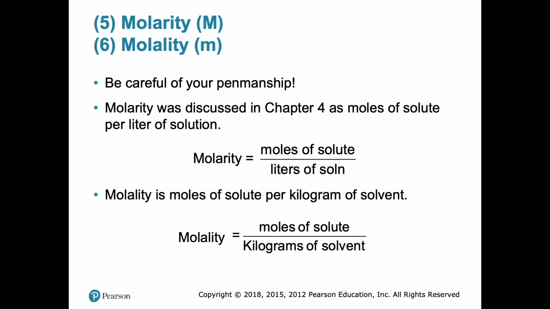If you have 1 milliliter of water and you weigh it, how much does it weigh? 1 gram, because the density of water is 1 gram per milliliter. So a liter of water and a kilogram of water are pretty much the same thing.